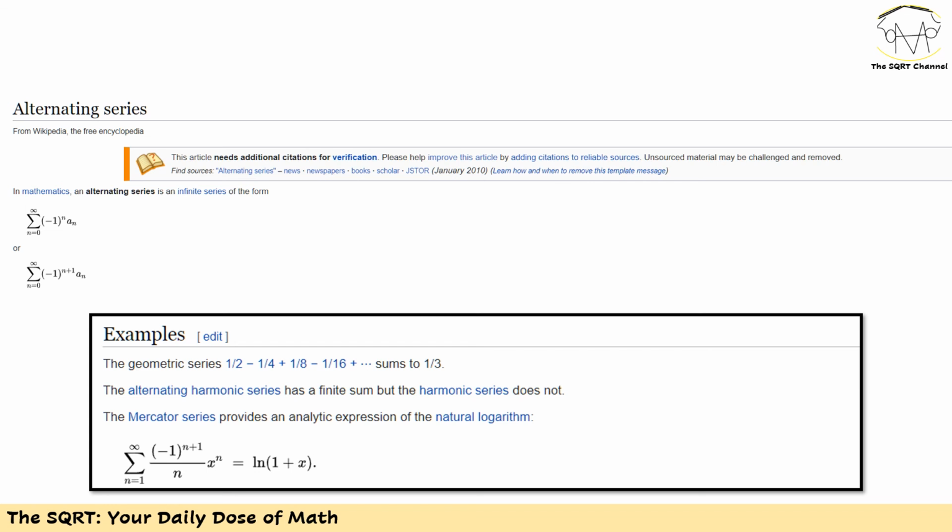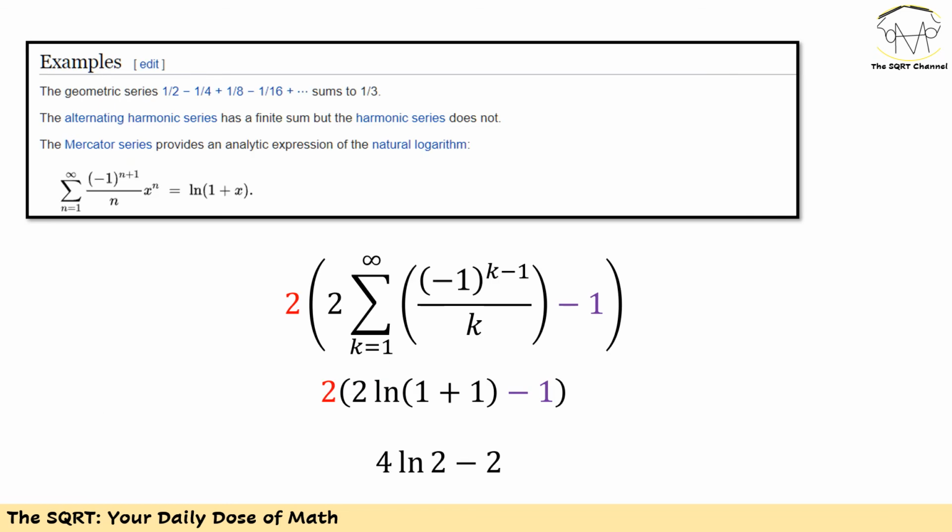Basically, negative 1 to the power of n plus 1 over n times x to the power of n, summed as an infinite series, is going to end up with ln of 1 plus x. Using this infinite sum series, I'm going to replace the whole thing with 2 times ln of 1 plus 1 minus 1 as you see here, which results in 4 times ln 2 minus 2, and that's our final answer.